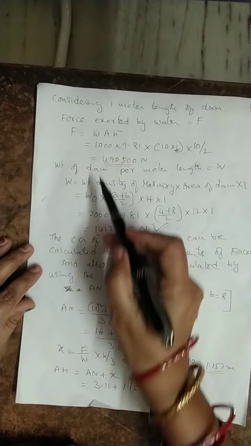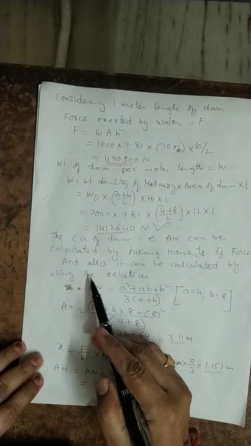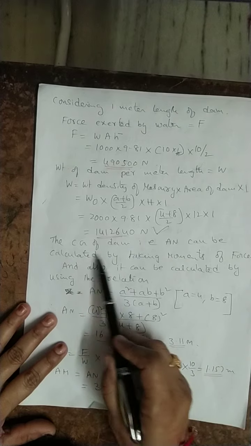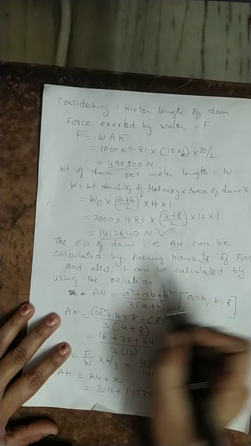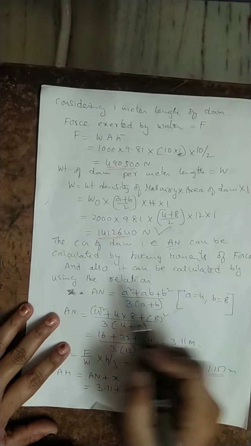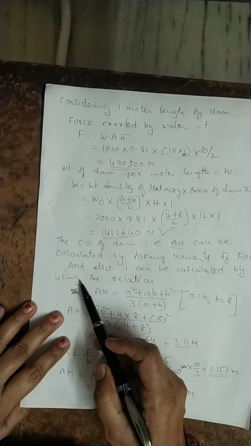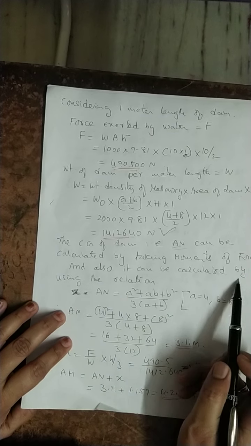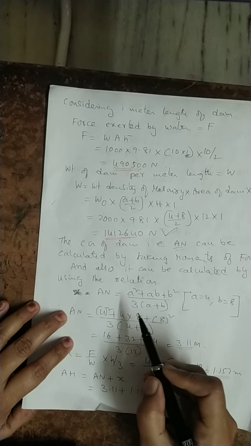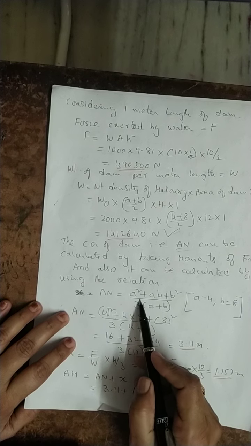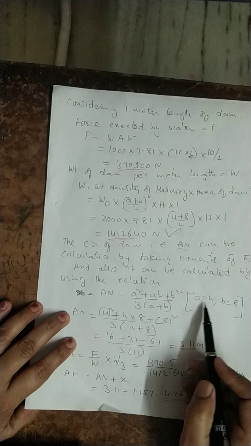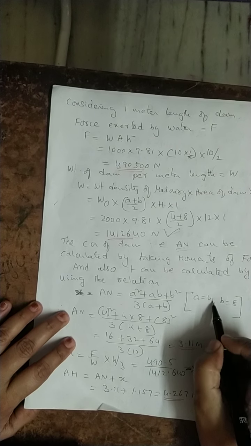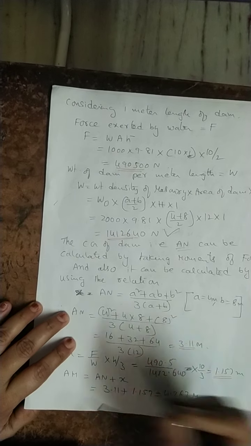So for the calculation of AM, the CG of the dam can be calculated by taking moments of the forces. It can also be calculated using the relation AN equal to A square plus AB plus B square by 3 into A plus B, where A is the top width 4 meters and B is the bottom width 8 meters.